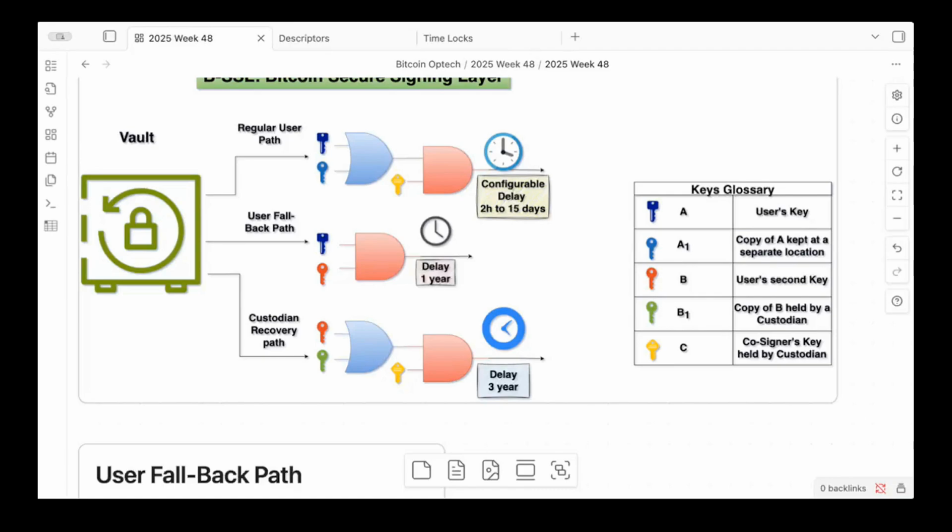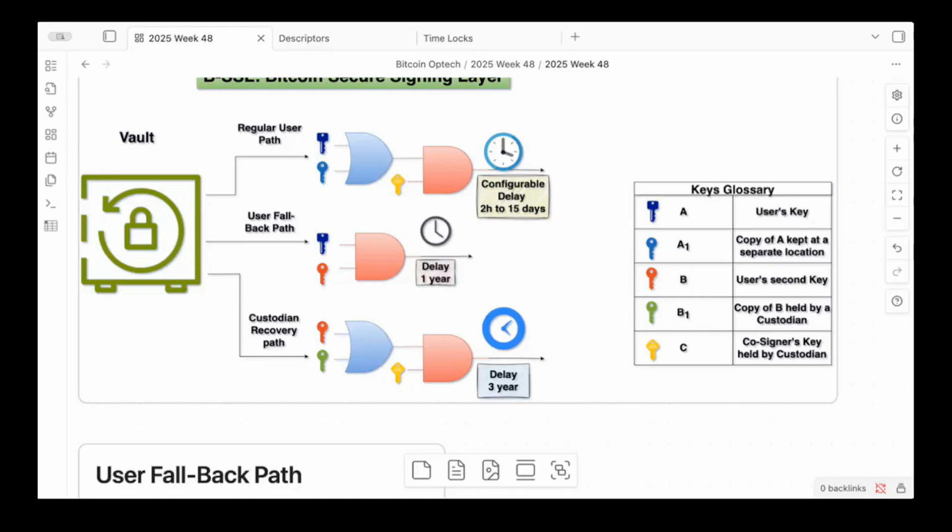The remaining change, the user wants the change to also be locked in with a similar setup. So for that, you have to move the change not into a simple P2WPKH, pay to witness public key hash script, but into a script with this construction.